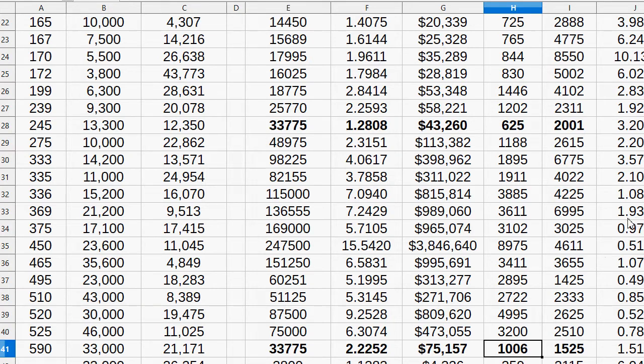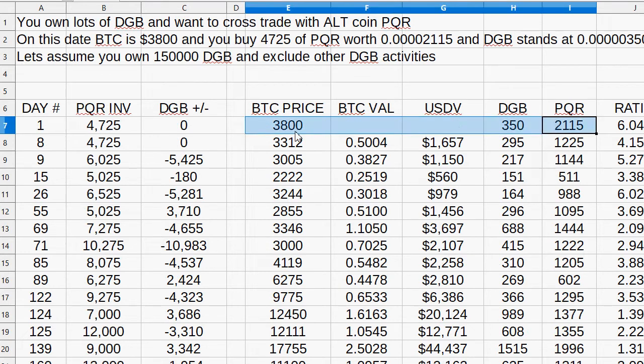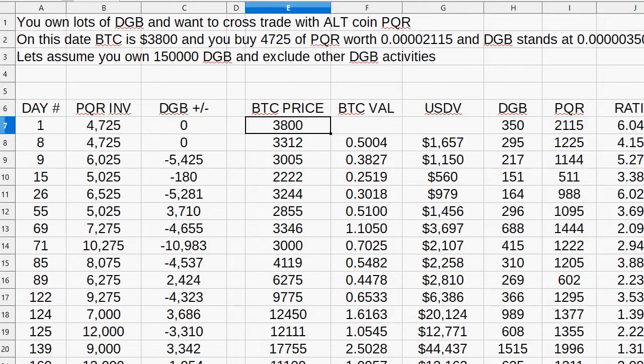Now, what I did was I put in the opening prices at the very bottom, which would have been 2115, 350 DGB, and 3,800 Bitcoin.